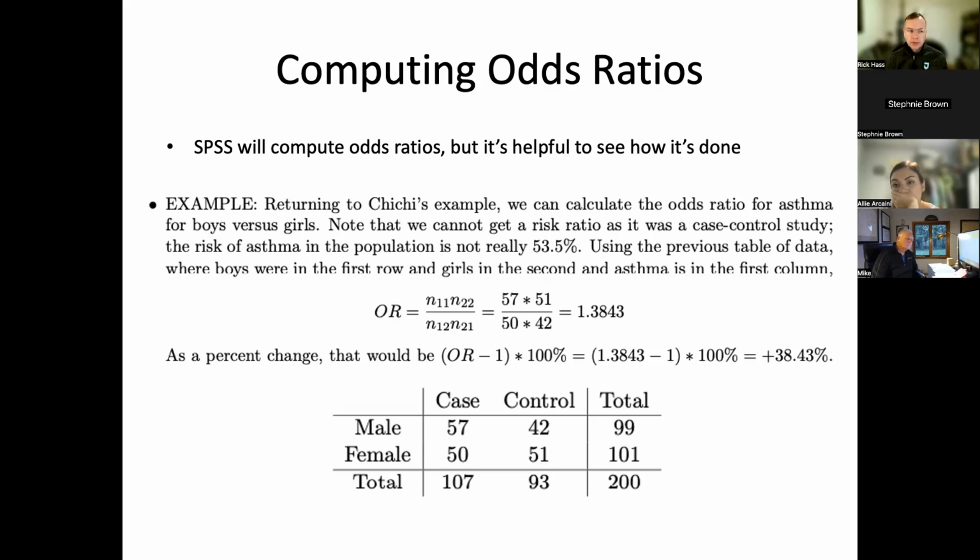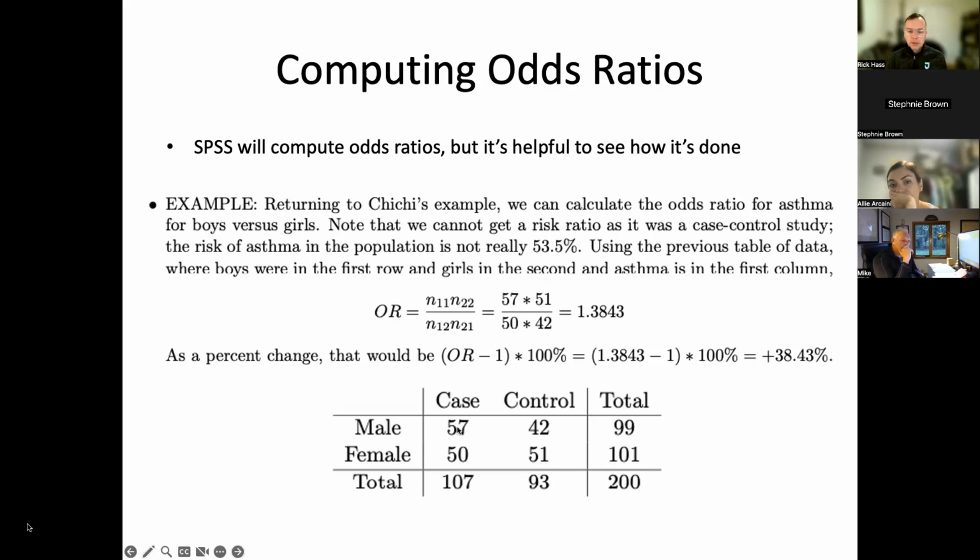When we get to SPSS, we'll have an example with 4 or 5 columns. You can make that into a 2x2 table and compute an odds ratio that way if you want to. Usually people do that if it makes sense to combine categories, which is usually the case for ordinal variables and not necessarily for categorical variables.